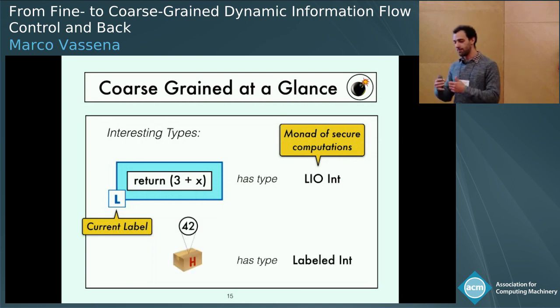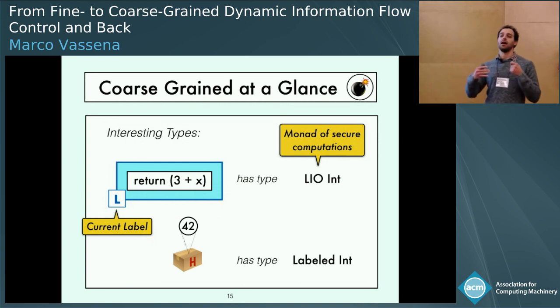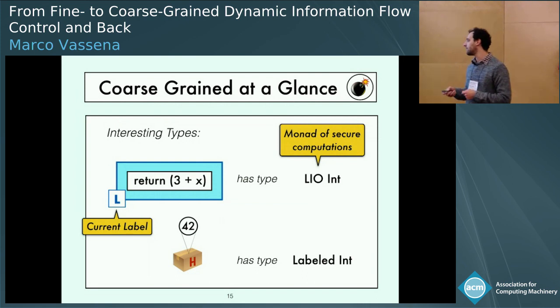Then this calculus allows us to manipulate secret values which are encapsulated in the labeled type, which is intuitively just a box that is labeled with the security label that represents the sensitivity of the content.